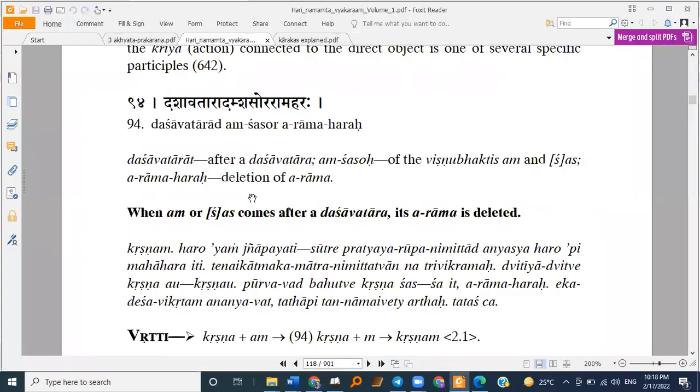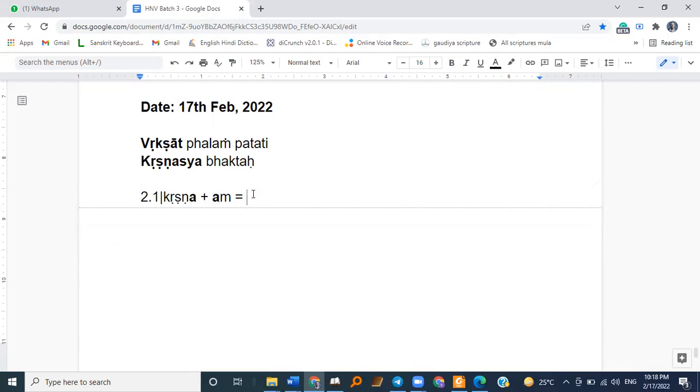Based on Sutra 94, we delete the Rama of Am and then we have Krishna plus Am remaining. Then we join the pratyaya with the prakriti, and we get Krishnam. Krishnam Vande Jagat Gurum.